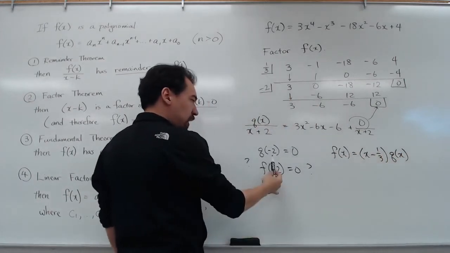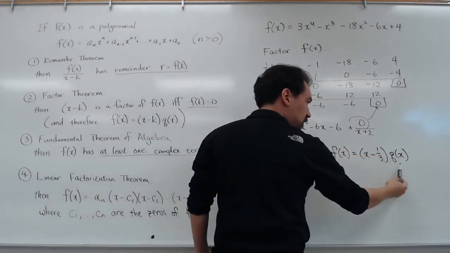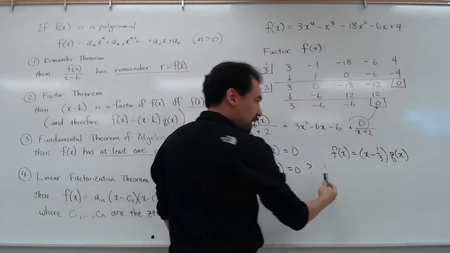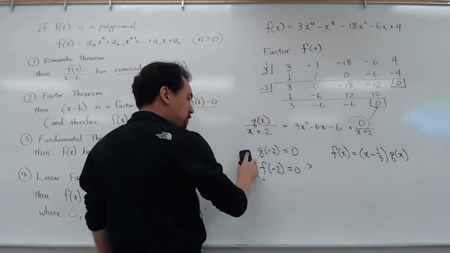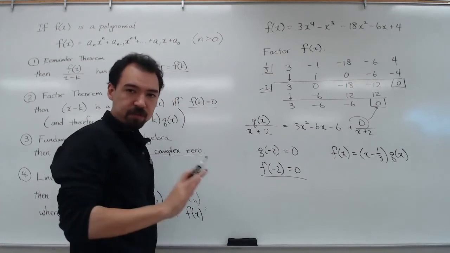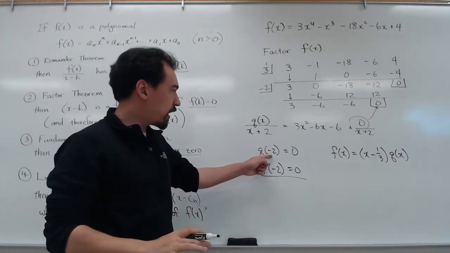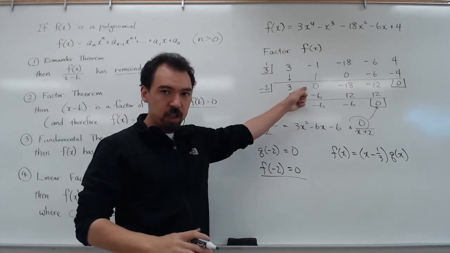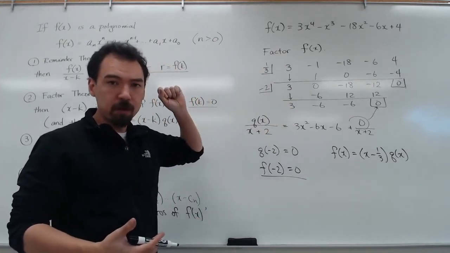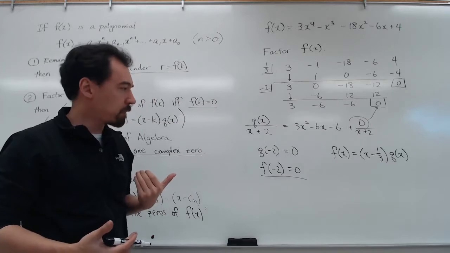And so, if I can plug -2 into here and get 0 for that number, then 0 times anything is 0, and therefore the whole thing is 0. So I am able to say, yes, indeed, this is a true statement. It's very powerful. If you find a 0 of the quotient, you have also found a 0 of the original polynomial, which justifies how we're going to do all these problems.